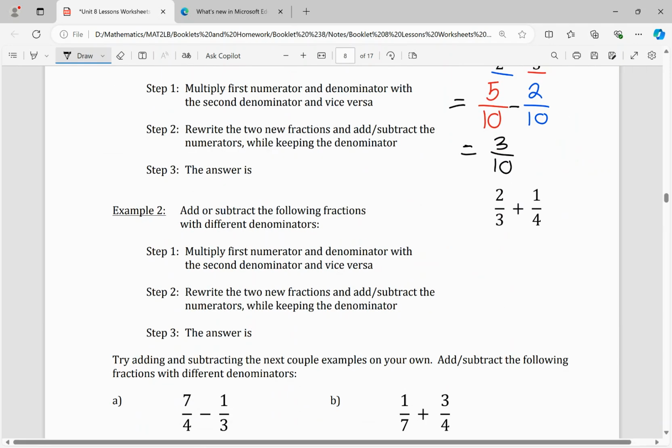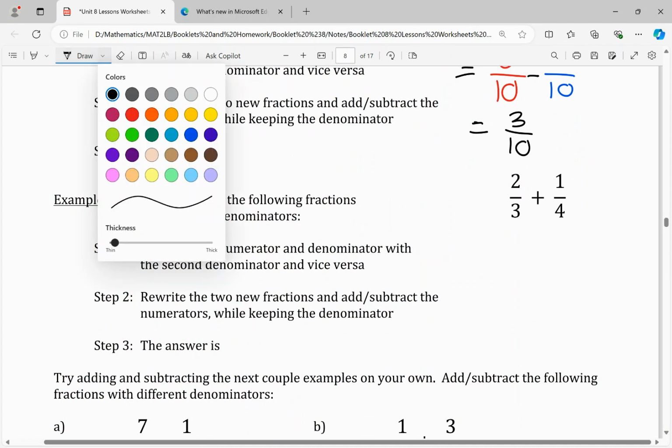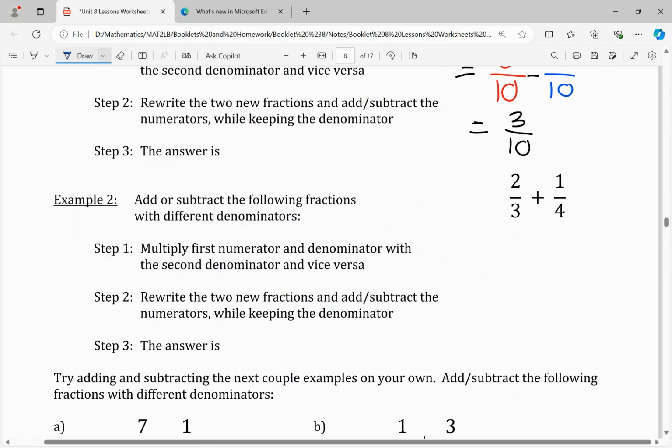Let's try that again below. It's going to take a couple tries, but once you get it, it is pretty straightforward. The first thing we're going to do is multiply the second fraction by the first denominator. That means I multiply the 1 by 3 and the 4 by 3.